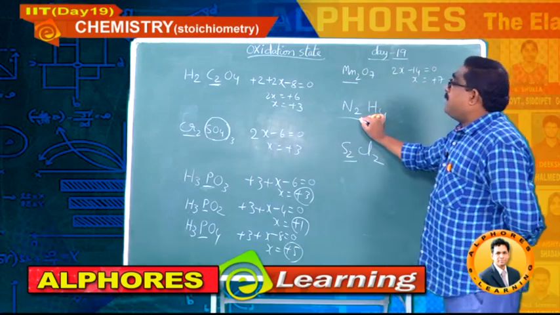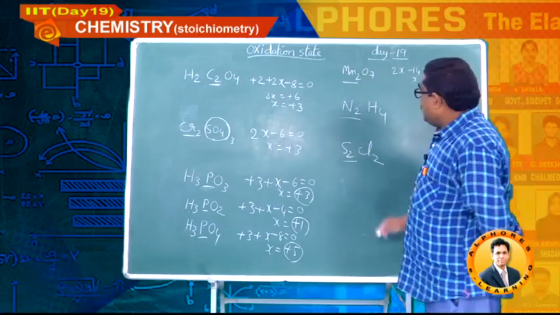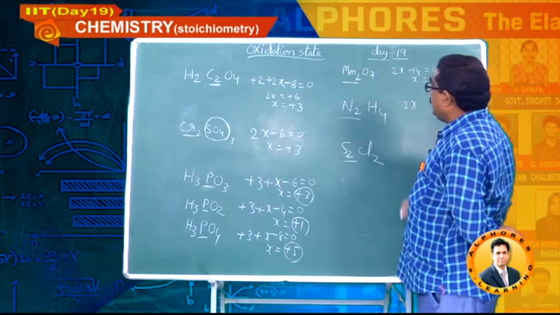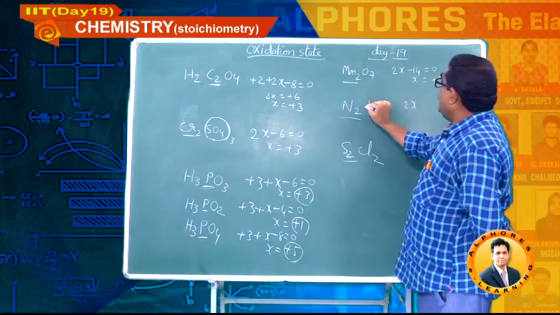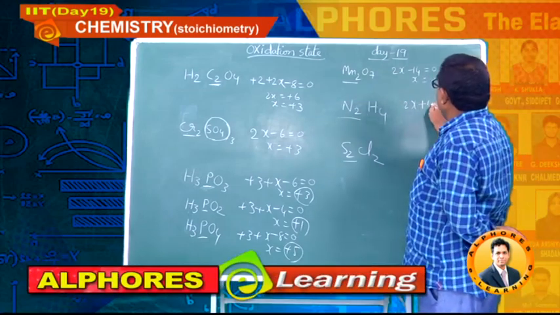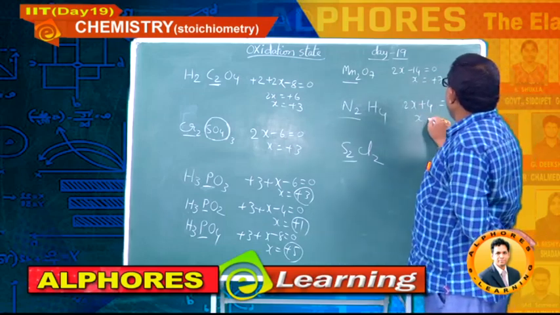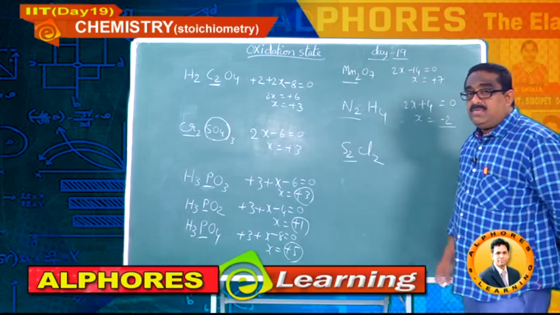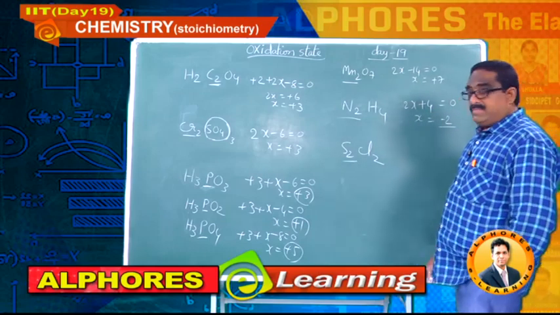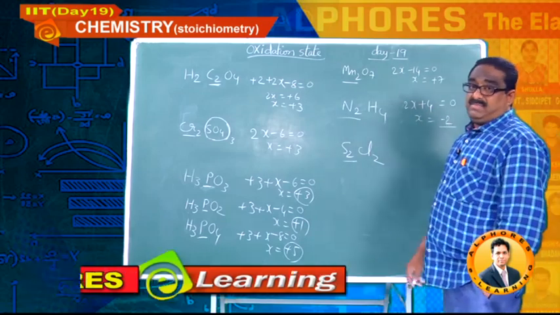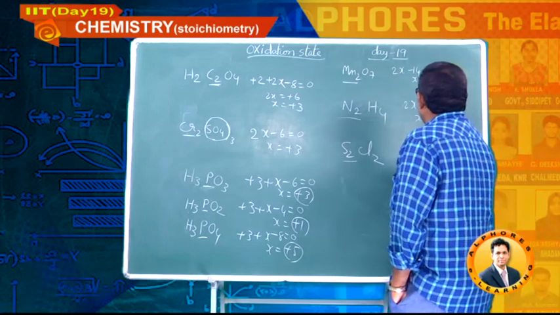This is a compound called hydrazine. 2 nitrogens are there, 2x, and 4 hydrogens are there. Hydrogen is bonded to a non-metal, so you can take plus 1. 2x plus 4 equals to 0, so x equals minus 2 for nitrogen. Here for sulfur, 2 sulfurs.